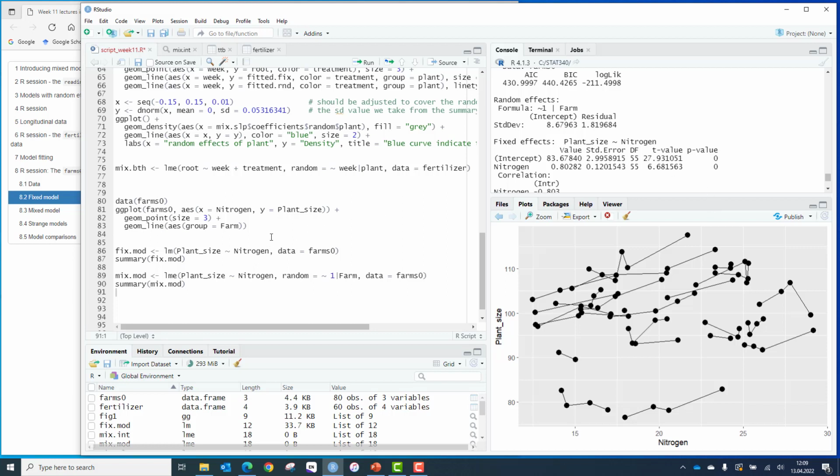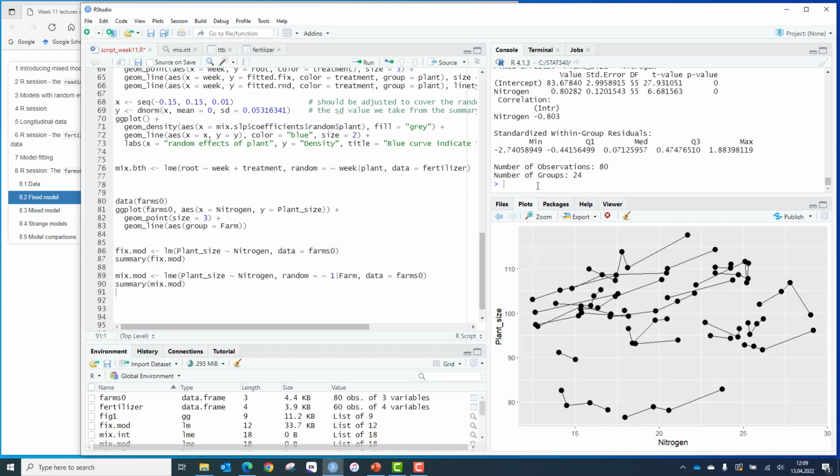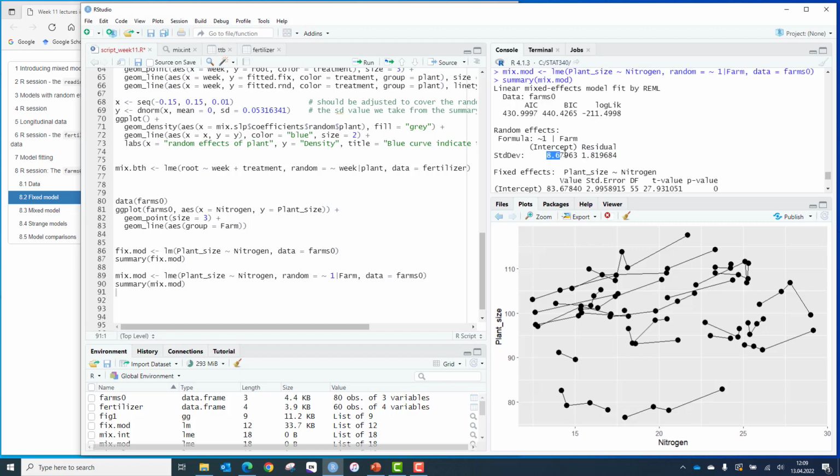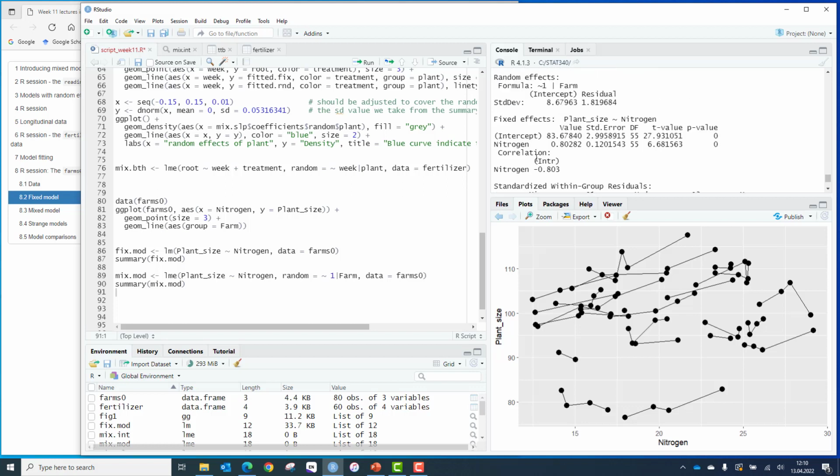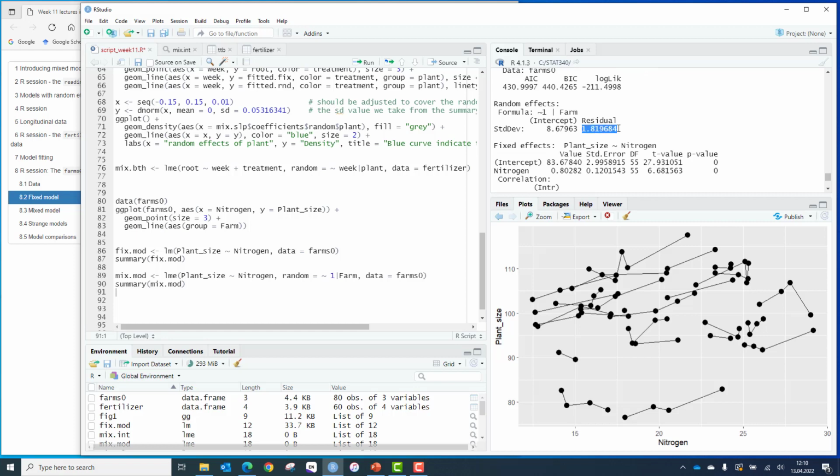If you compare this standard deviation to this one here, and you compute this correlation, we can actually do that again. What was this one? 8 point, copy this one here, squared, divided by this one squared plus, what was the residual? This one squared.